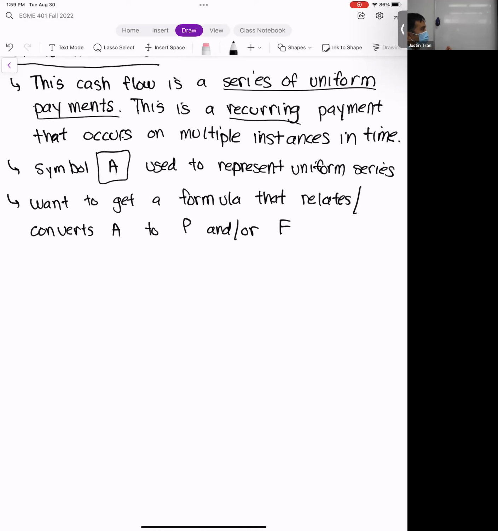And so we want to get a similar formula between A and P and A and F. And so to do that, let's draw a simple cash flow diagram.